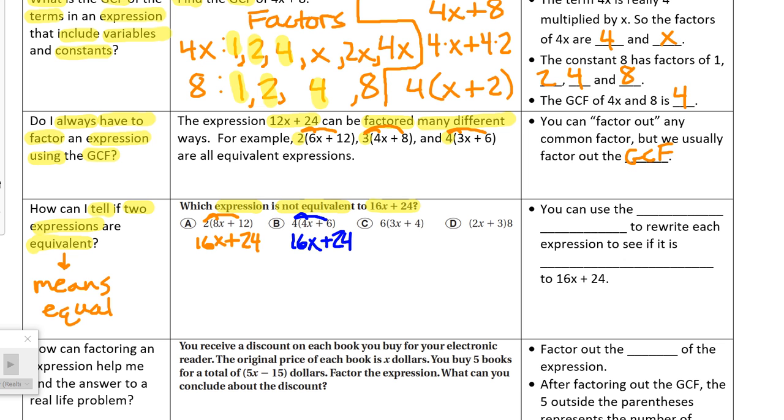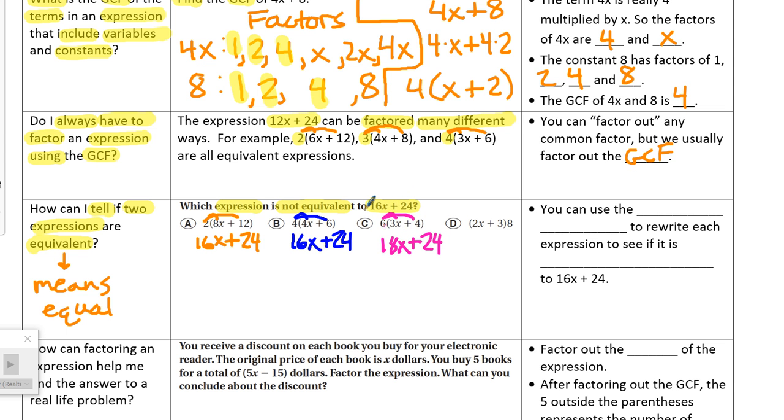All right, now let's do the next one. I'm sure you're very excited. 6 times 3x. 6 times 3 is 18x. And then 6 times 4 is 24. Uh-oh, is that the same? It is definitely not. So 6 must not have been a common factor of 16x plus 24.